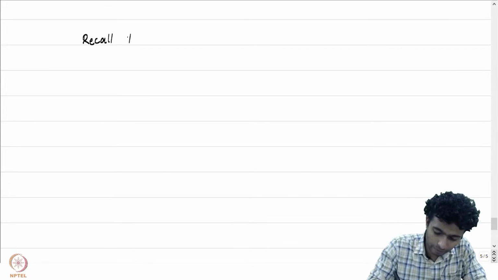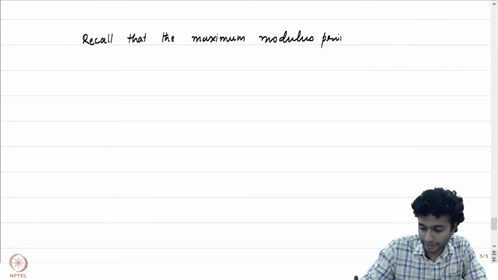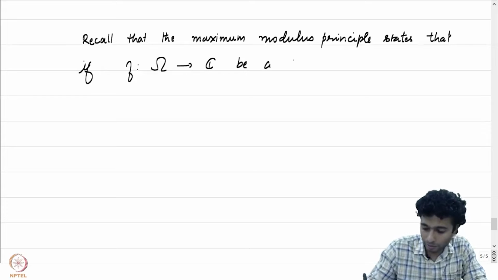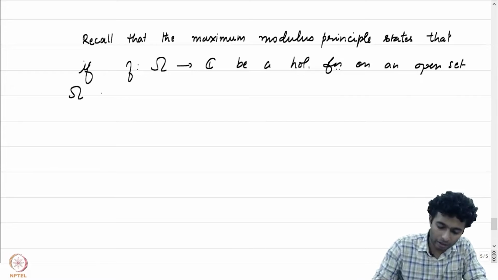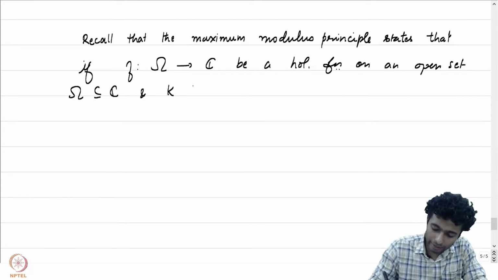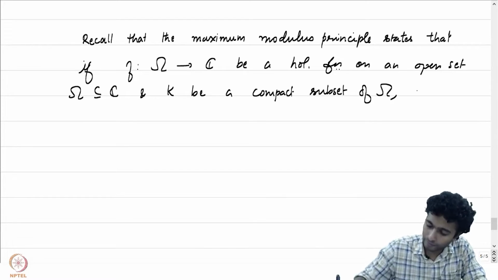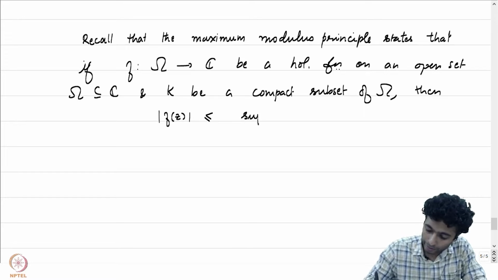Recall that the maximum modulus principle states that if f from omega to C is a holomorphic function on an open set omega contained in C, and K is a compact subset of omega, then the absolute value of f(z) is less than or equal to the supremum, over z in the boundary of K, of the absolute value of f(z).